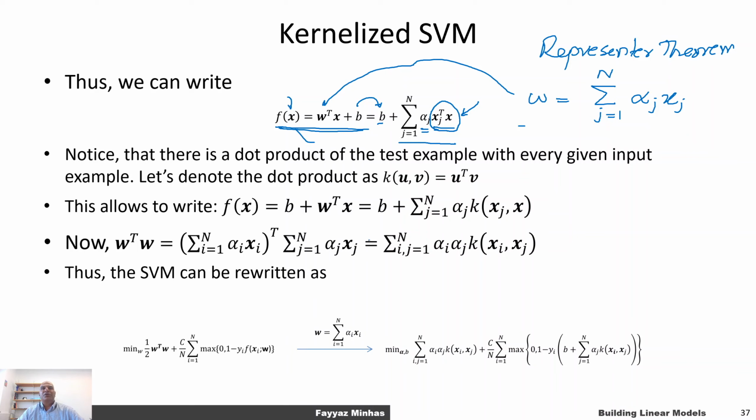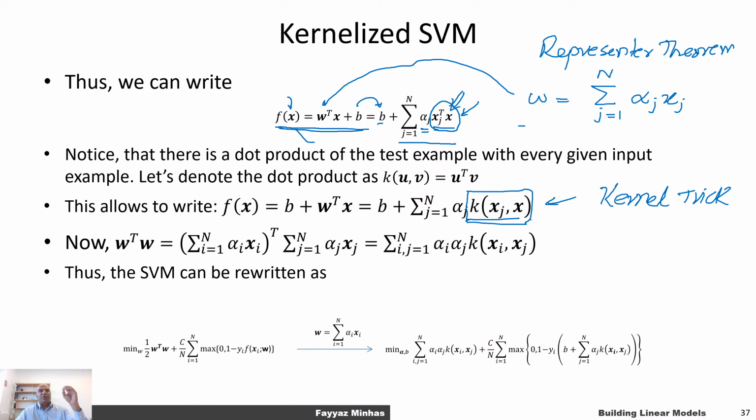That's what we are going to do here. Instead of the dot product xj transpose x, we replace it with k(xj, x), the generalized dot product. This is what is called the kernel trick, or kernelization.